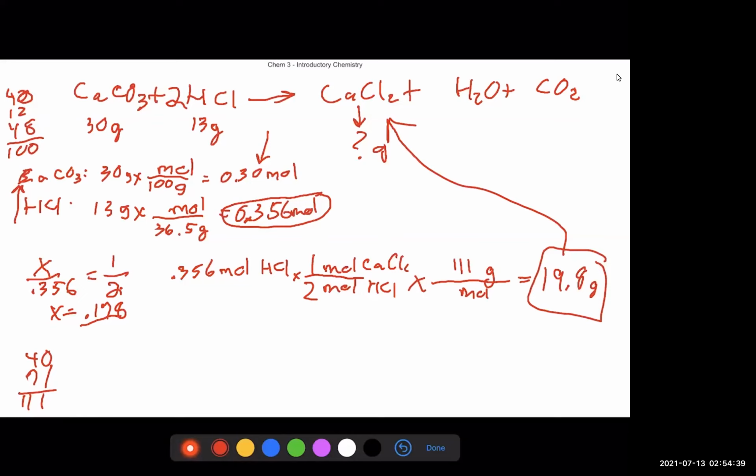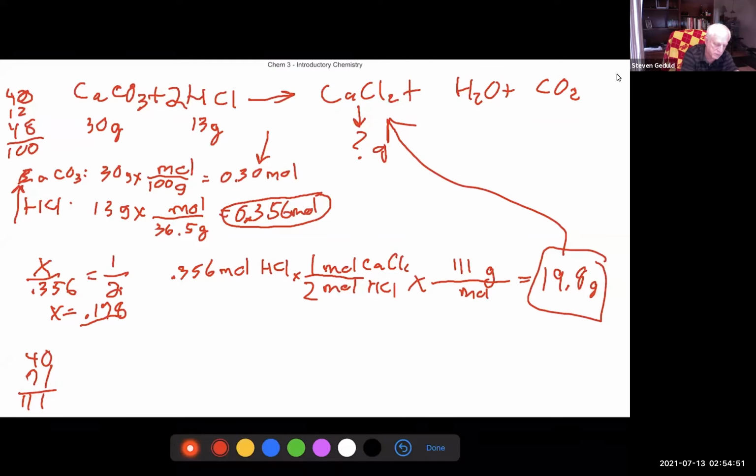It also asked how many grams of the excess reactant will remain after the reaction is complete. So how much are you going to use up? This is the easiest way to calculate that.